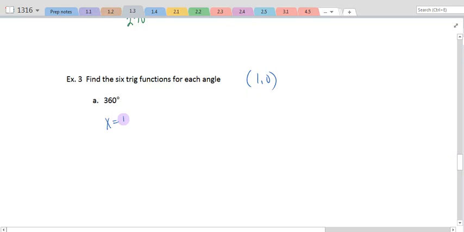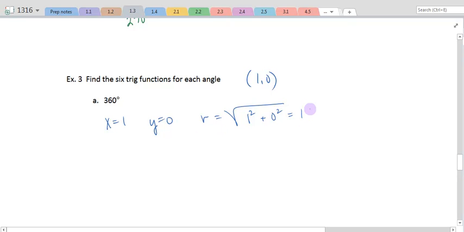My x value is 1, y is equal to 0, and I could find r by taking the square root of x squared plus y squared, which is 1 plus 0, which is really just 1, and the square root of 1 is 1. Okay, so we know that r is equal to 1.